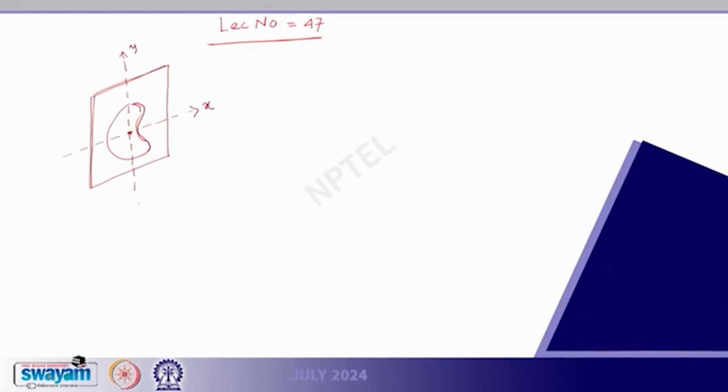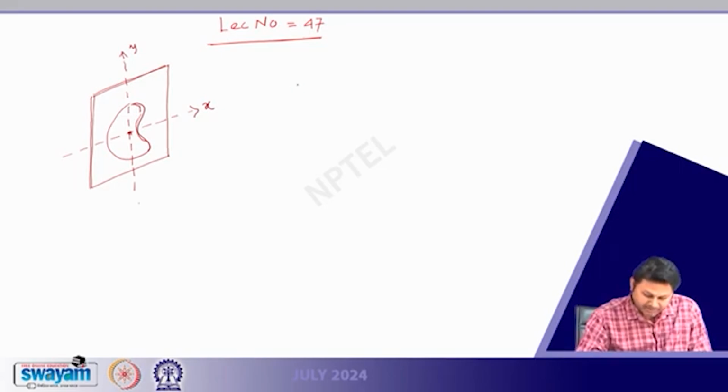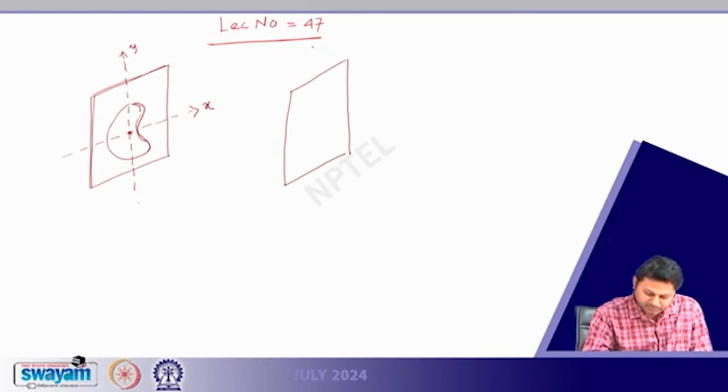This is the xy coordinate system where we have an aperture which is placed like this, and then we have a screen here. This is the screen where the pattern is going to form.